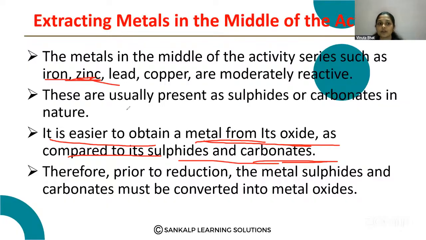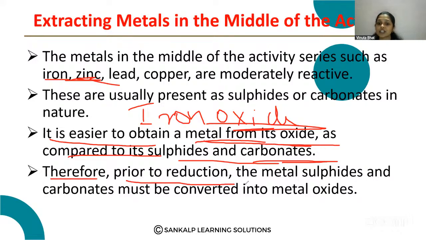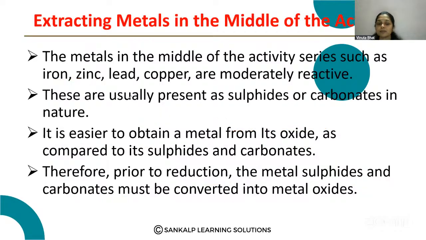For example, obtaining iron from iron oxide is very easy compared to iron sulfide. Therefore, prior to the reduction, the metal sulfides and carbonates must be converted into metal oxide.